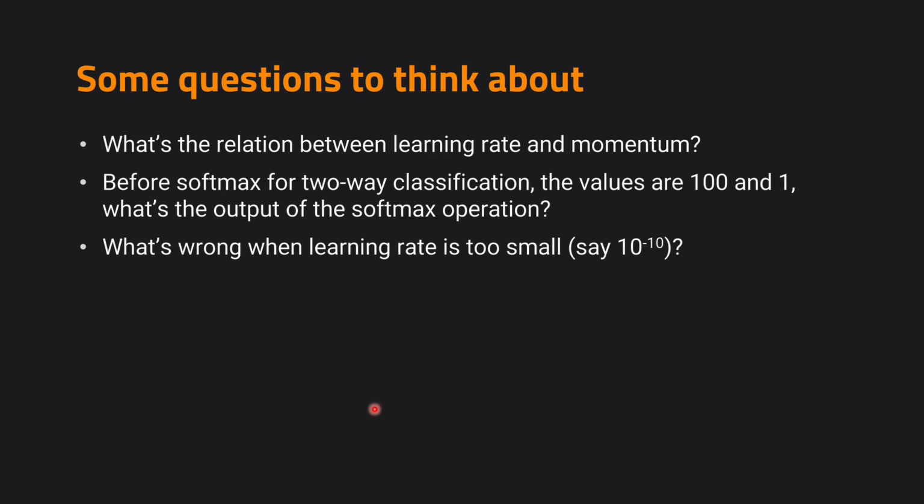What will happen in those cases? By the way, normally the learning rate is a very small number, and for AlexNet or VGG, the learning rate starts with something like 10 to the power of -3, -2, and it's always in a small range. And here the question is, what if the learning rate is very small?